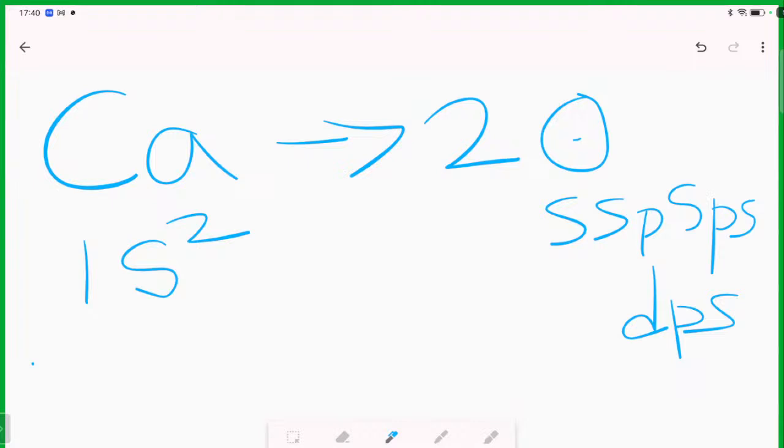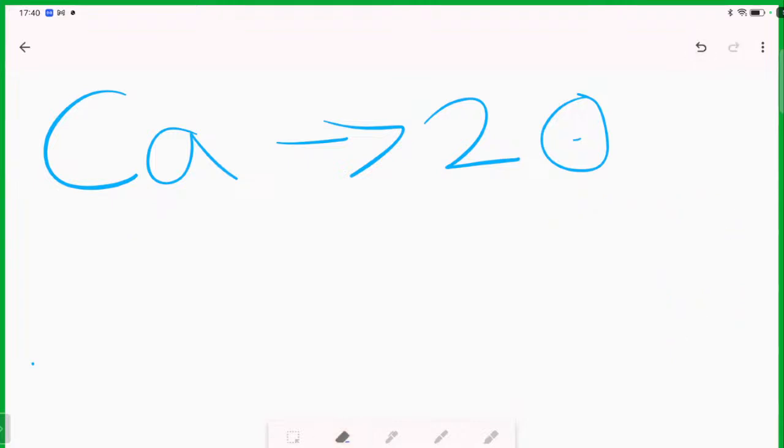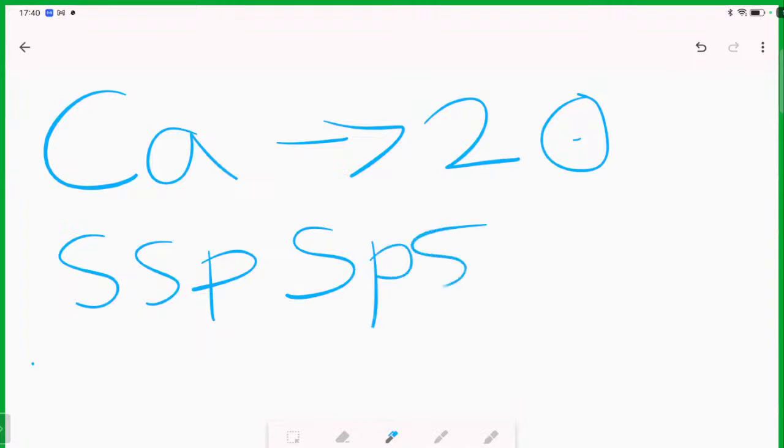You know it. If not, I'll explain a bit more about it. Just a second. For example, remember this order. This is how filling of electrons will go on.